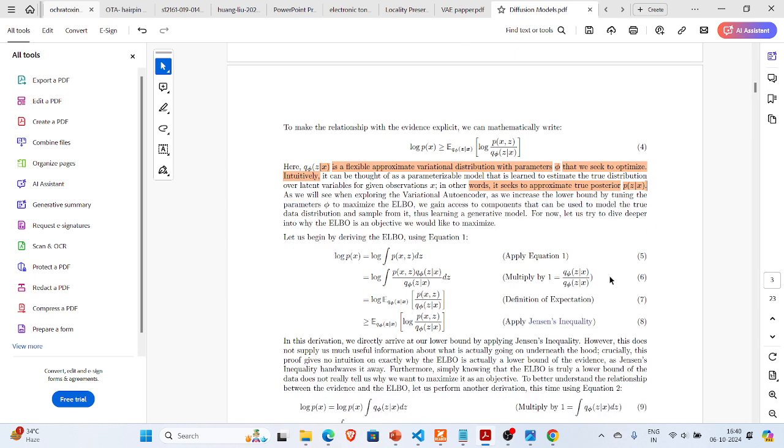Okay, so the derivation is like this. This integration, so log of this, or you can say log of expectation. So expectation is 1 by q.